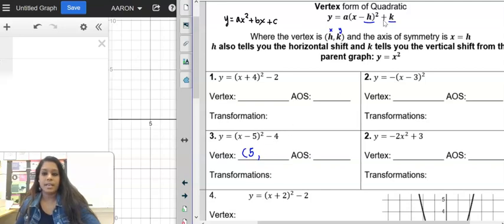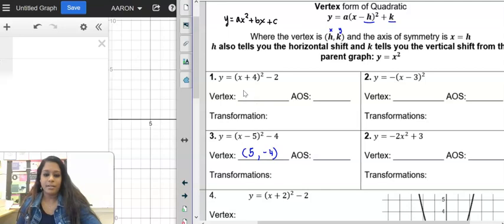You do have to take the same sign for k. So we tell students a shortcut: for h, take the opposite sign that's given, and for the y-coordinate, just take it as it is. Hope that made sense.